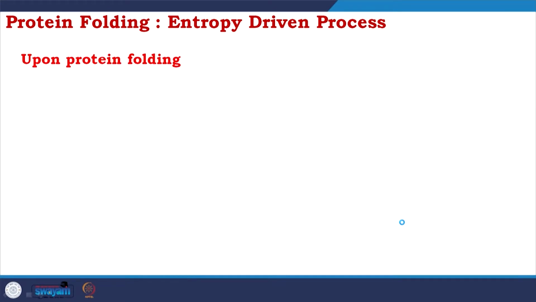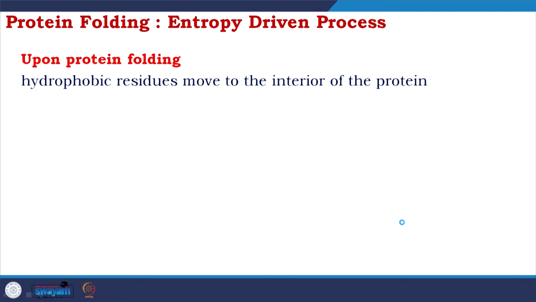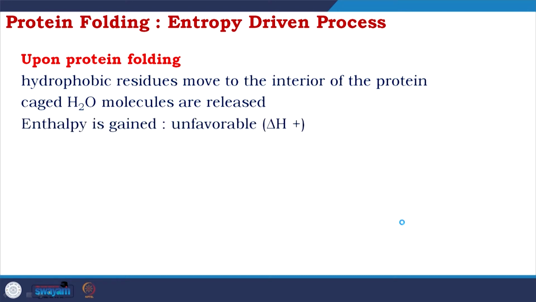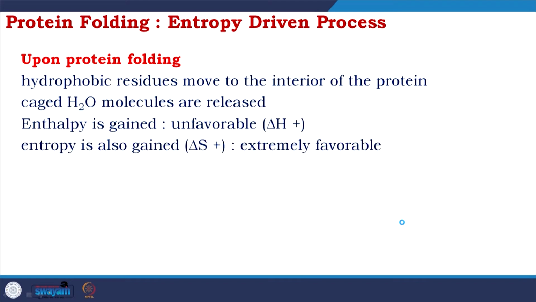So, protein folding we call an entropy driven process. Upon protein folding, the hydrophobic residues move to the interior of the protein, the caged water molecules are released, then enthalpy is gained.